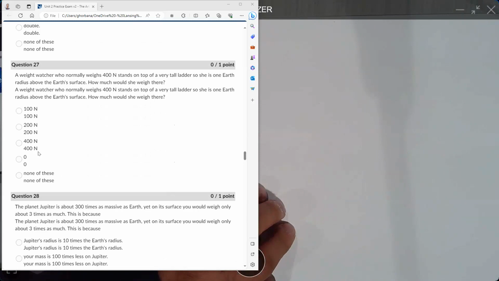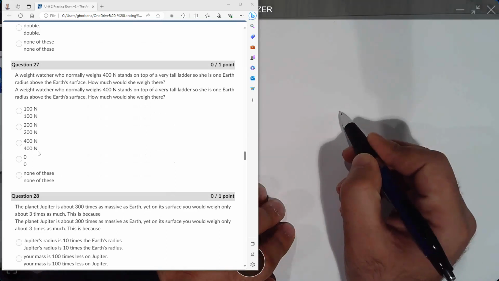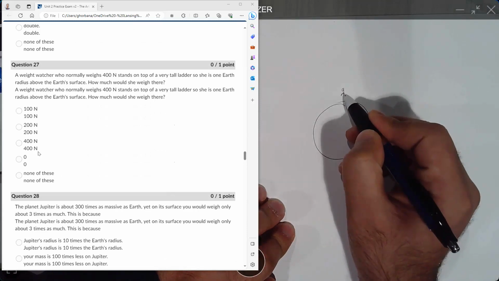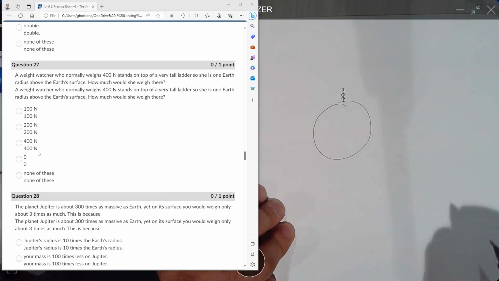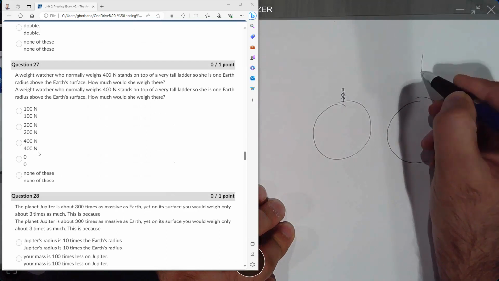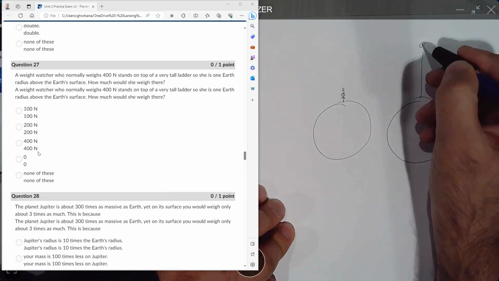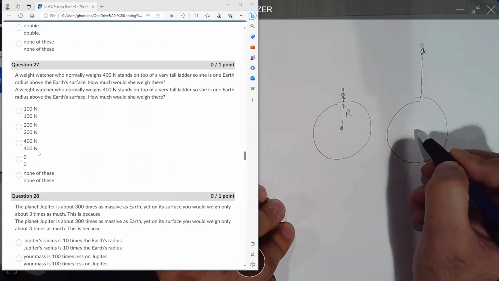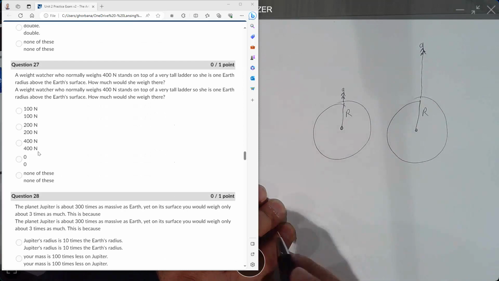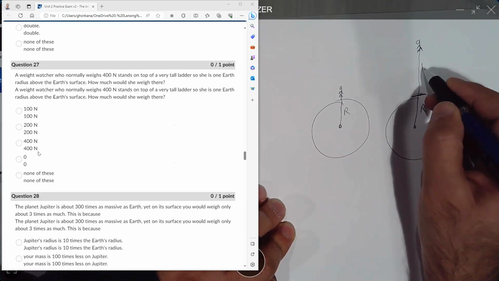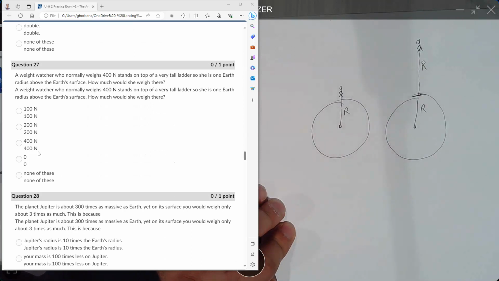So what does it mean here? It means that if this is the Earth, you are standing on the Earth, and then there will be a ladder, and you are standing on the ladder. If the radius of the Earth is r, the distance from the Earth to the person is again r.